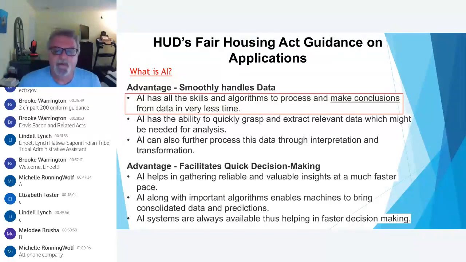Okay, advanced, smoothly handles data. Yes, that is an advantage. And the bottom highlighted, quick decision making. Yes, because AI, computer assisted AI, I guess that's what all AI is, computer assisted, right? That's redundant. As I said, it has access to billions of different types of data points, where you and I can maybe handle a dozen, and I'm just being hypothetical.